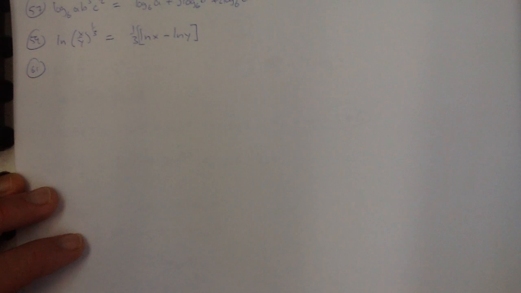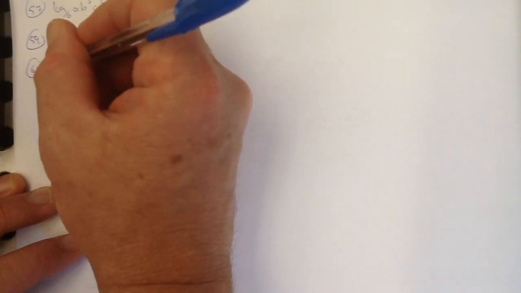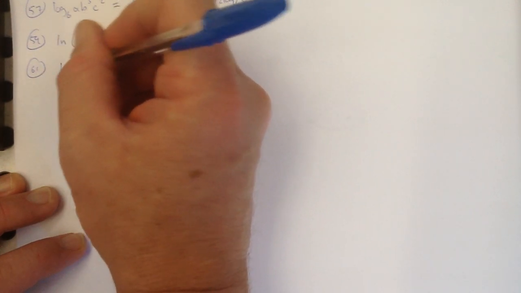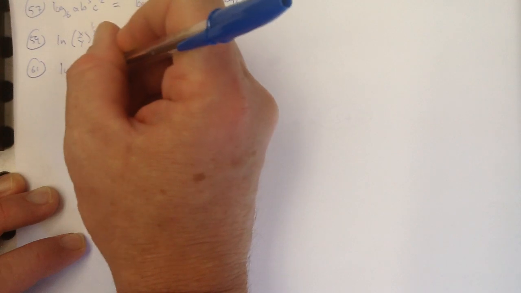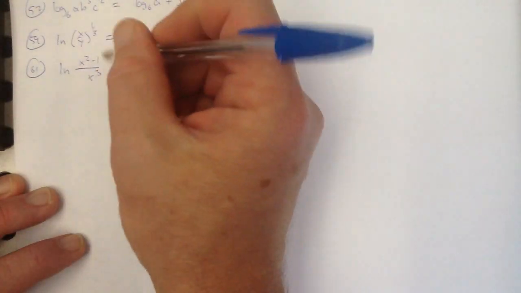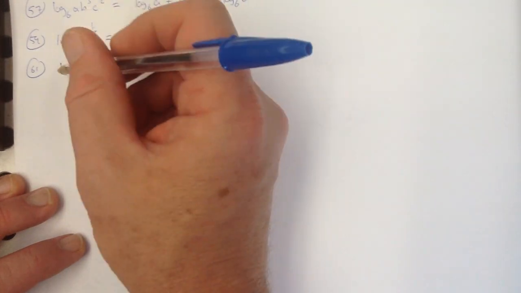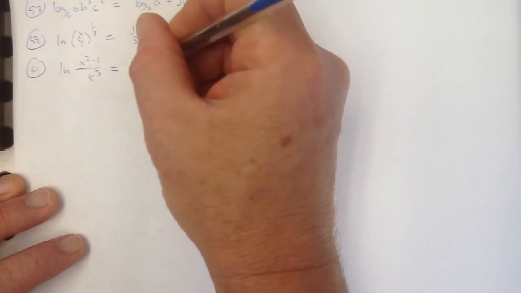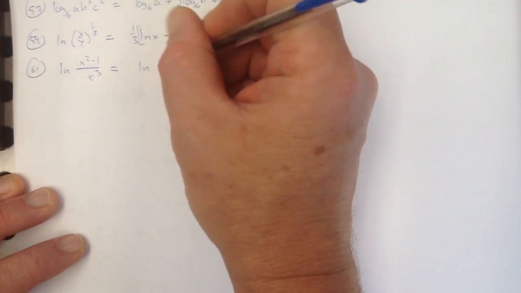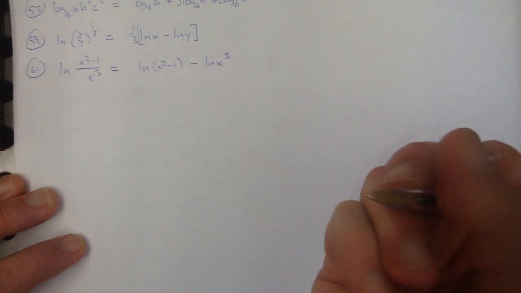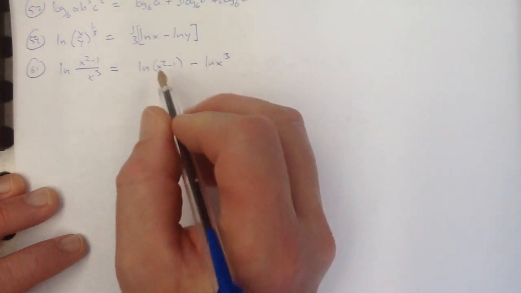61. We have natural log of x squared minus 1 over x cubed. And they say it for x greater than 1. They just have to say that because you can't take logarithms of negative numbers, so that doesn't change anything about what we're going to do. There's nothing you can do with this.